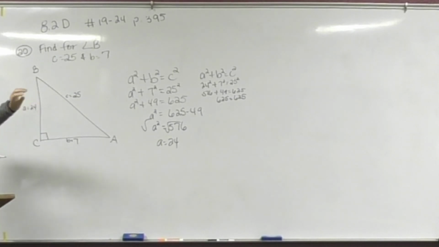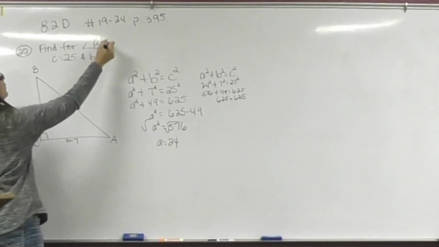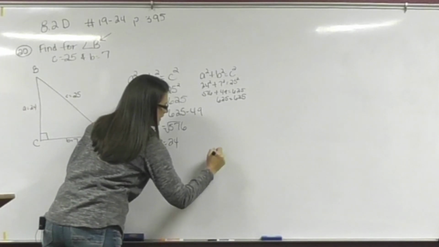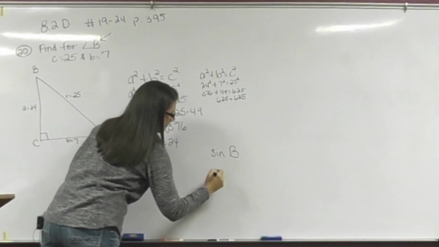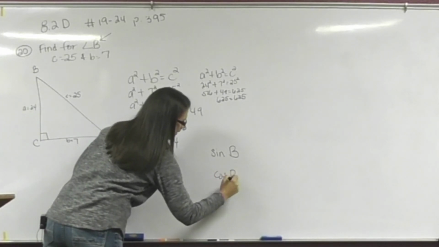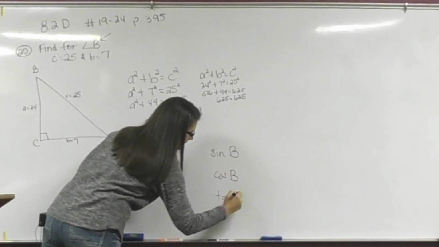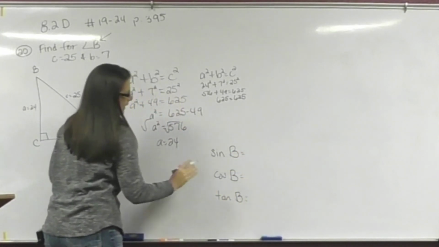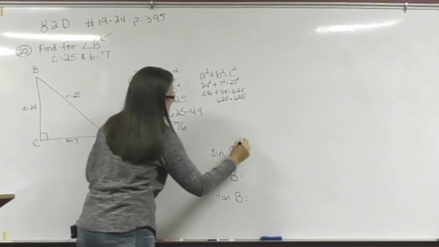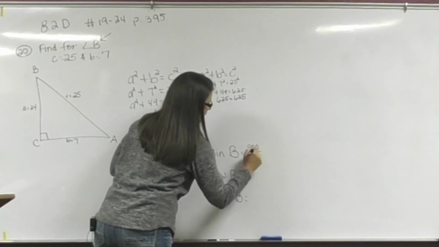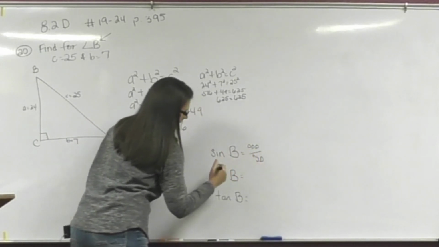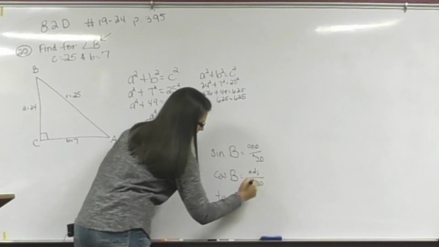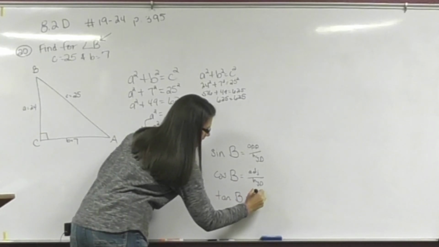So we're looking for sine, cosine, and tangent for angle B this time. I need to see the sine of B, the cosine of B, and the tangent of B. And your formulas for these trig functions: sine is opposite over hypotenuse, cosine is adjacent over hypotenuse, and tangent is opposite over adjacent.